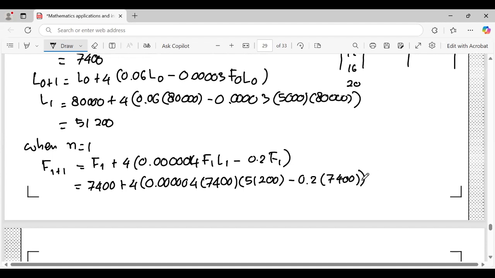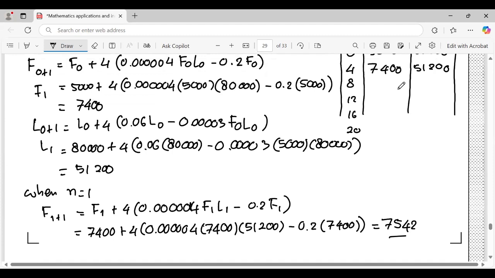And if you calculate, the result is 7,442.8 actually, but it comes like this. So writing here 7,442. Next.